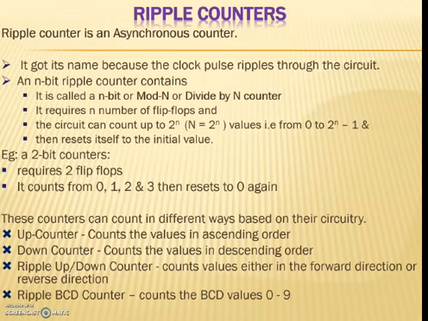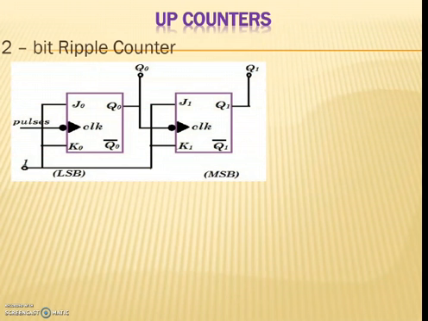So now coming to a 2-bit ripple counter, let us see an example. In the 2-bit ripple counter, as n is equal to 2, we have 2 flip-flops J0, K0, J1 and K1, where the output Q0 is the LSB and Q1 is the MSB.